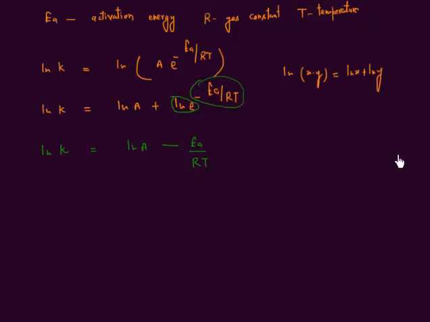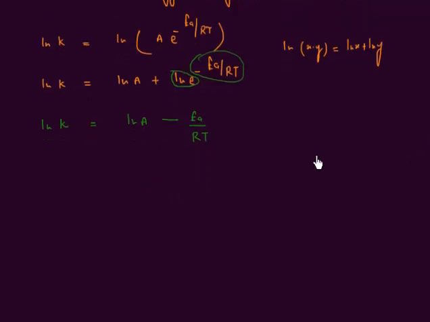We assume that a reaction is taking place at a certain temperature and its temperature is changed. Assume that the initial temperature of the reaction is T1, and when it is changed, it becomes T2. And as a result, the rate constant of the reaction will also change.